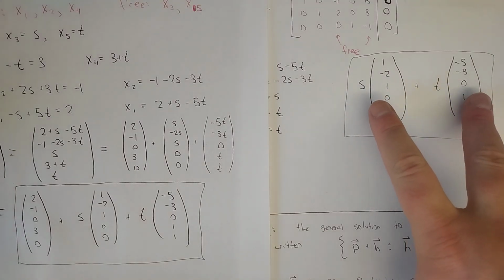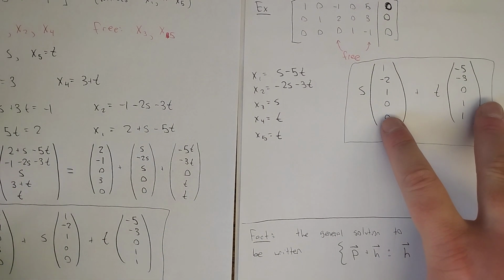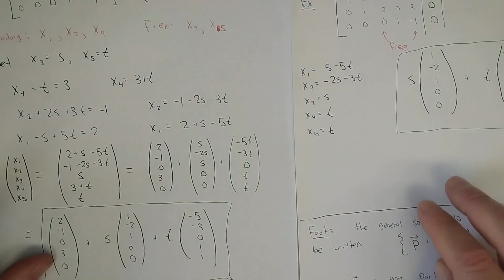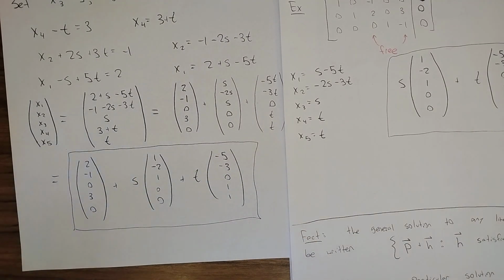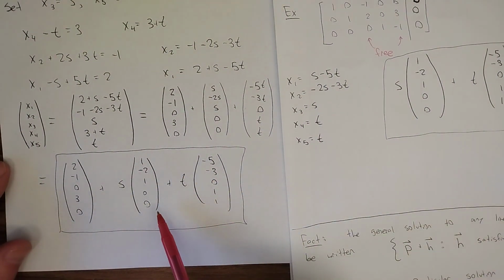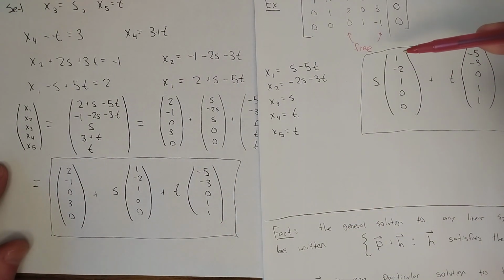This is the general solution to the associated homogeneous system. This is the one that we did just now. Down here is the solution to the one we did before that, the non-homogeneous version. And what you'll notice is parts of it are exactly the same. This has an S part, and it's the exact same vector.